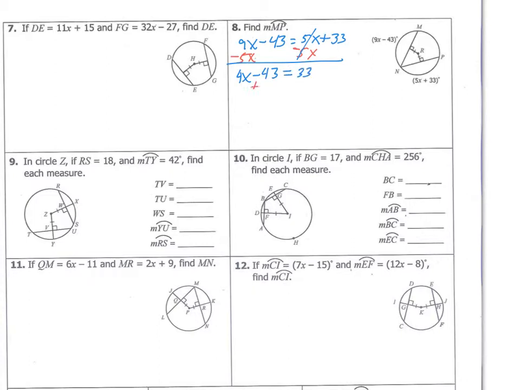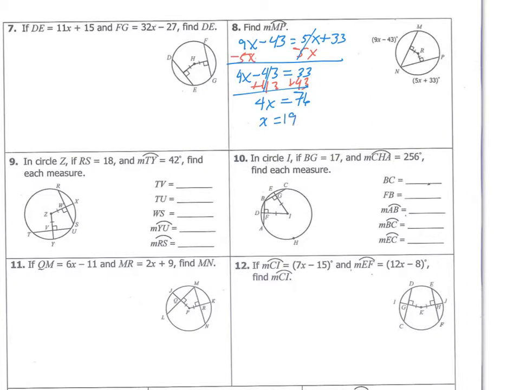Add your 43. And you get 4x is equal to what? 76 trombones in the big parade. Just saying. Divide by 4. What do you get? 19.